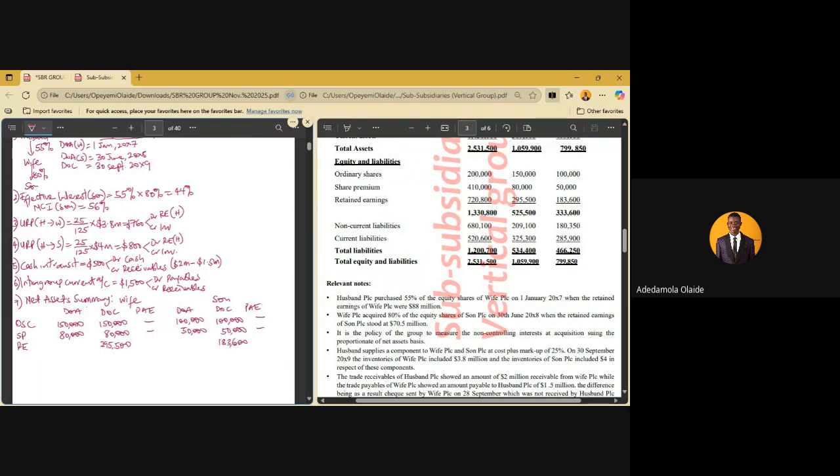On the date of acquisition, the retained earnings was 88 million, so it will be 88,000. And then for the other it is 70.5 million, that will be 70,500. So what is our post acquisition?